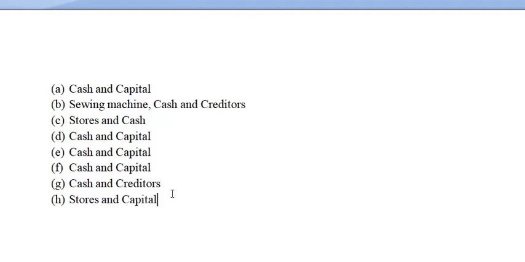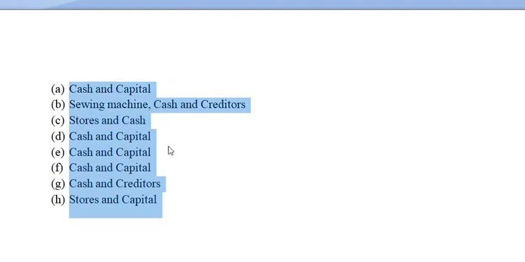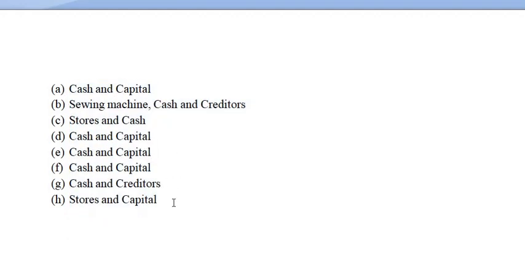Now after preparing this, what you will do is highlight the items that fall under the category of assets. So under assets, let me just show you out here. Under assets, what items are falling? First is cash.